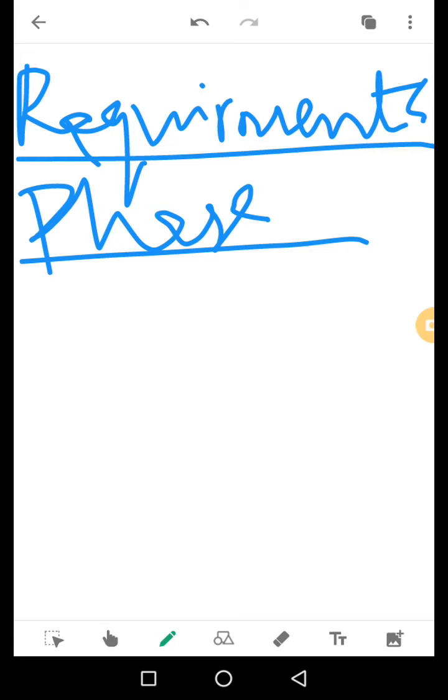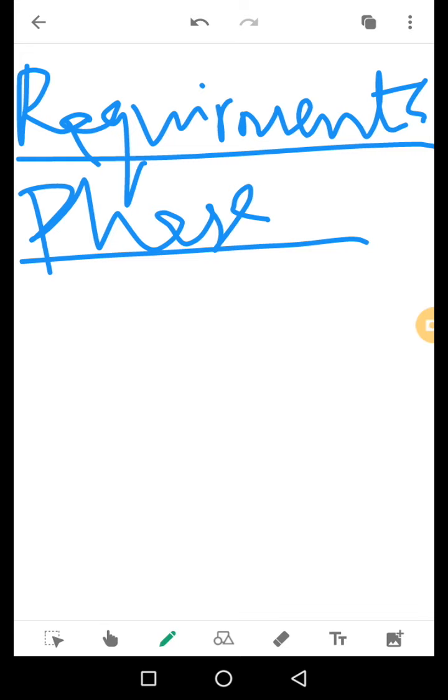So by now, I think you get the explanations on the types of requirements, which are functional requirements and non-functional requirements.